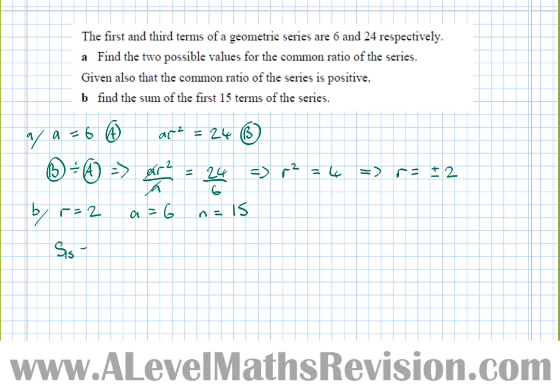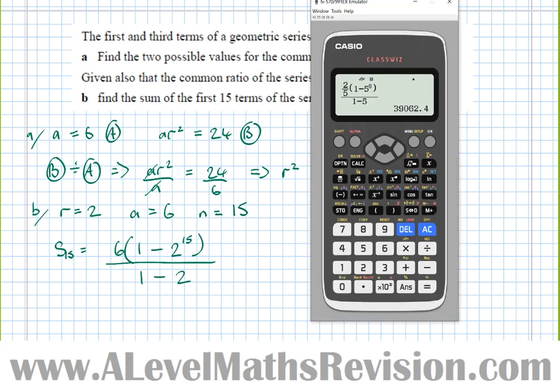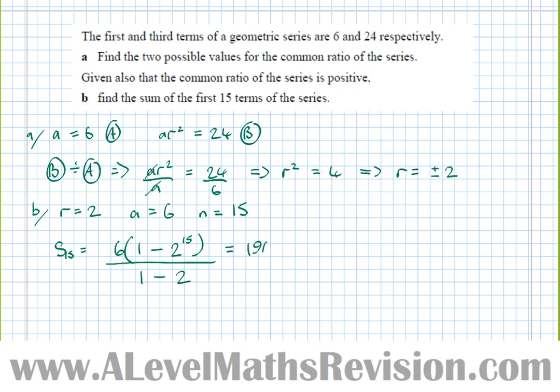So S15 equals A times 1 minus R to the power of n, over 1 minus R. Straight in the calculator. 6, 1 minus 2 to the 15, over 1 minus 2. 196,602. There's our answer.